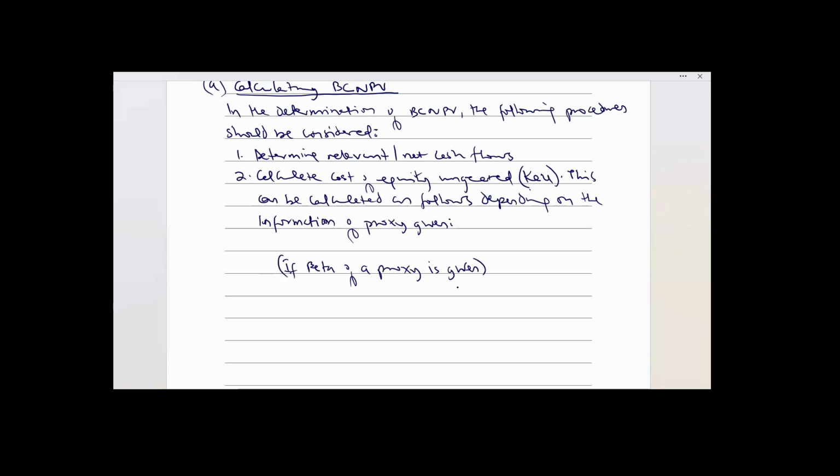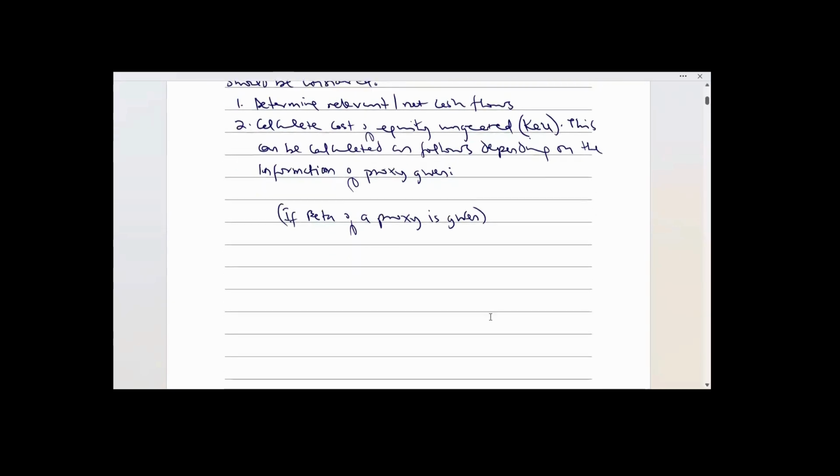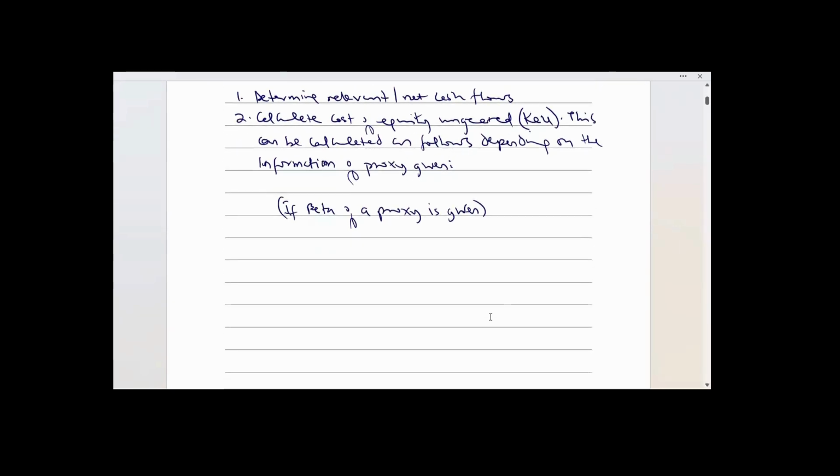Under this, there are 3 procedures. The first procedure is to identify the proxy beta.